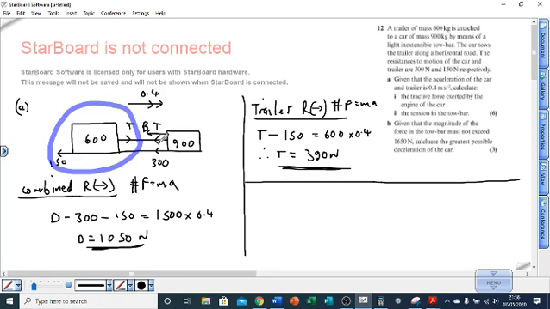And if that's the case, then the car is going to want to crush into the trailer. So these now become not tensions but thrusts, going in that direction and that direction.